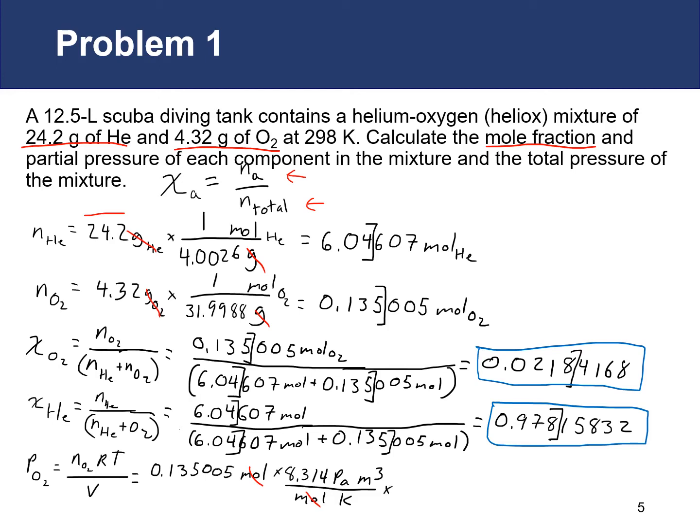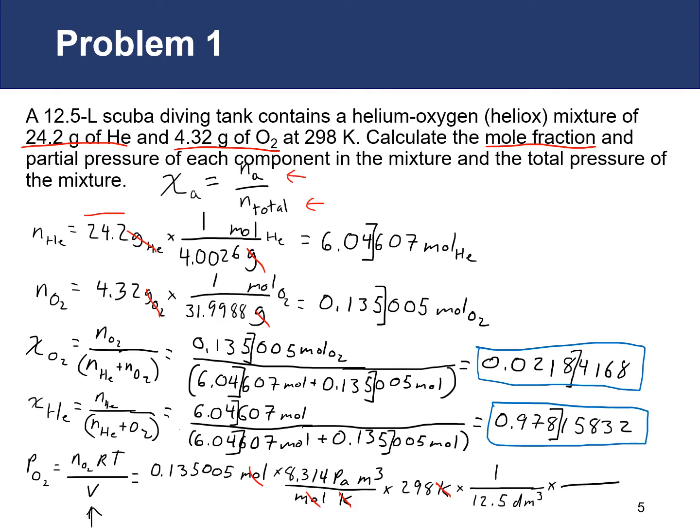We'll now multiply this by our temperature. We're filling the tank at 298 Kelvin. Our Kelvin will cancel out. We have a 12.5 liter tank. So to get rid of the meters, we need to put that on bottom, right? As well as our equation here says put the volume on the bottom. So 1 divided by, and we're just going to convert it straight into decimeters, 12.5 cubic decimeters.